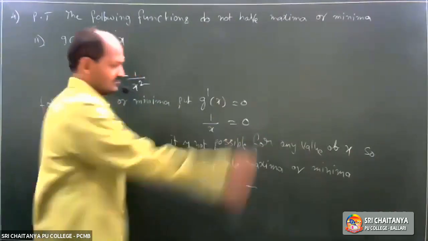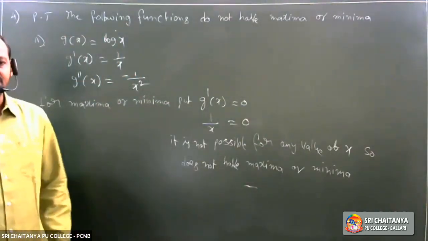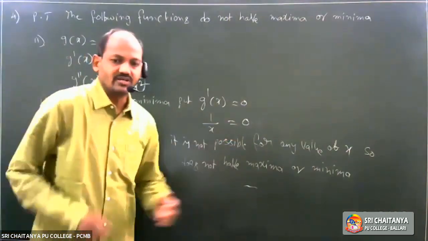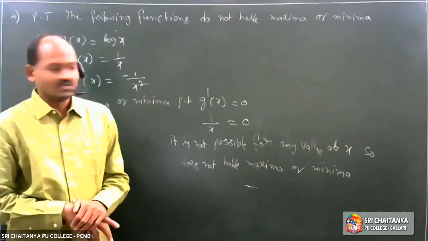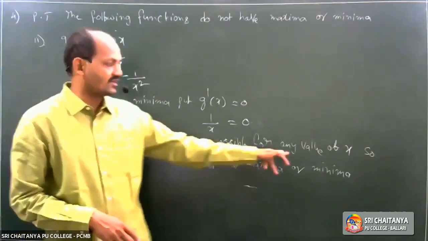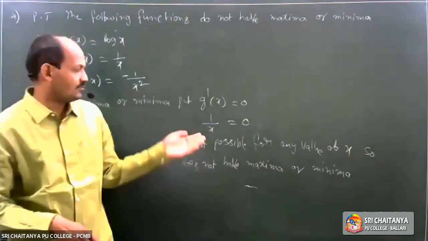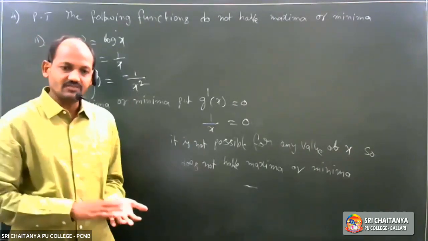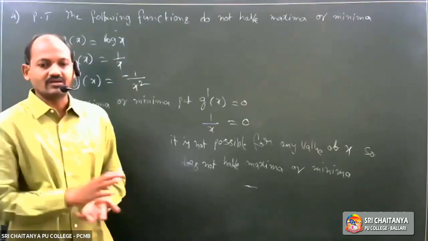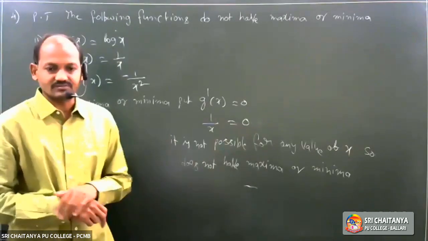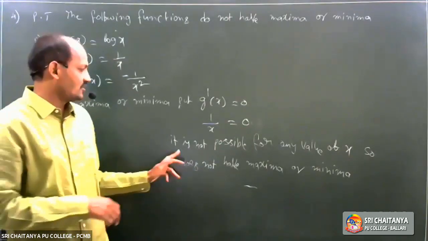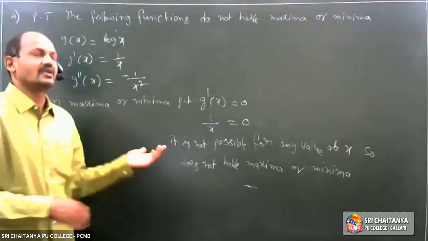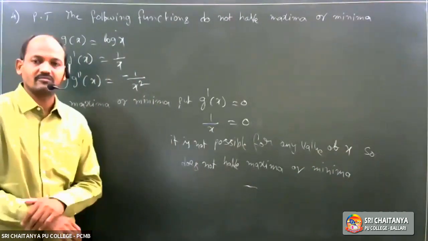So 1 by x is equal to 0 is also not possible for any value of x. Whether x is positive or negative, any value you consider, it is not equal to 0. So this function does not have maxima or minima.